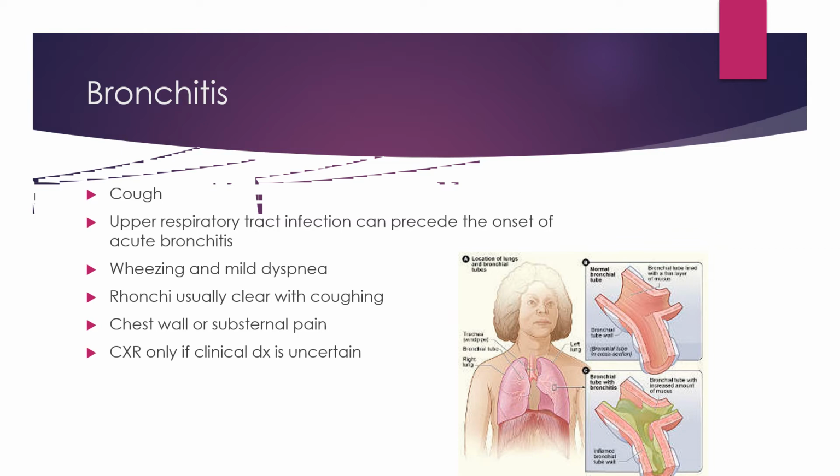Usually you can make this diagnosis without a chest x-ray. You're only getting a chest x-ray if you need to rule out pneumonia and you're not certain, if you can't tell the difference between this and pneumonia.